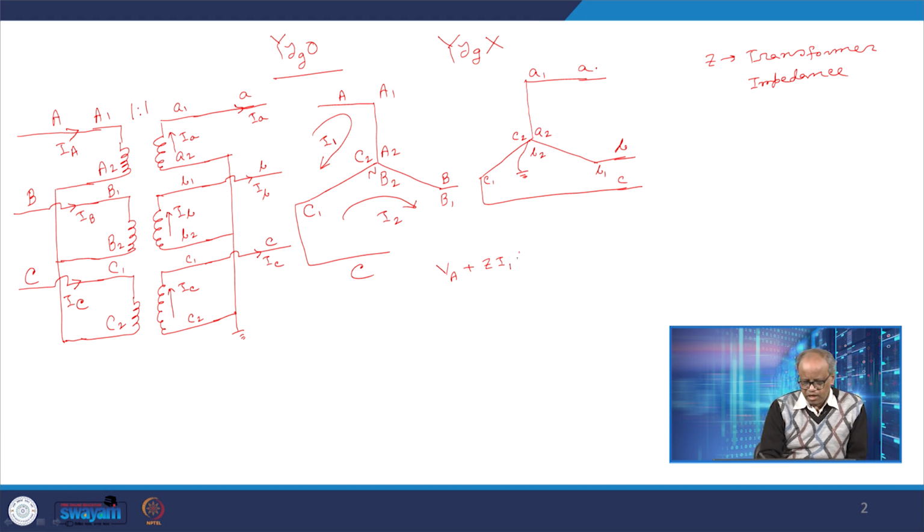So, it is V A, then plus in this loop Z into I 1 minus I 2, then V C. So, Z into I 1 minus I 2 minus V C is equal to 0.